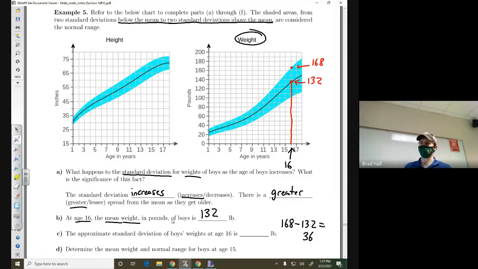So not over the height. What we actually found was two standard deviations. So very sneaky. They just want one standard deviation. You divide it by 2, that's right. So really what they want is 18, because the shaded part represents 2 standard deviations.